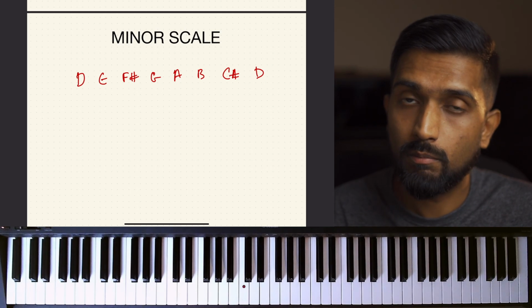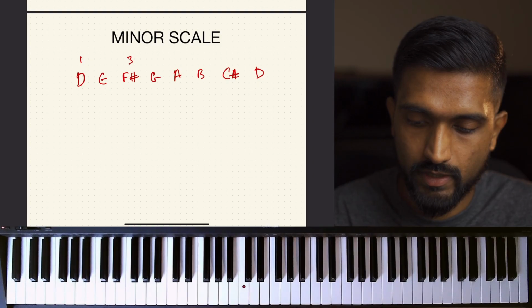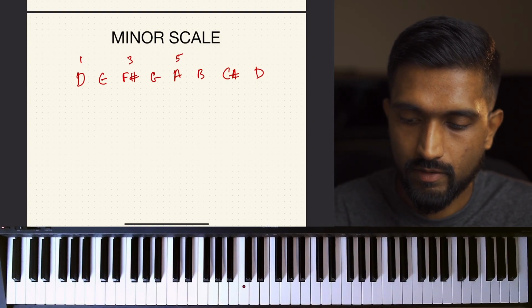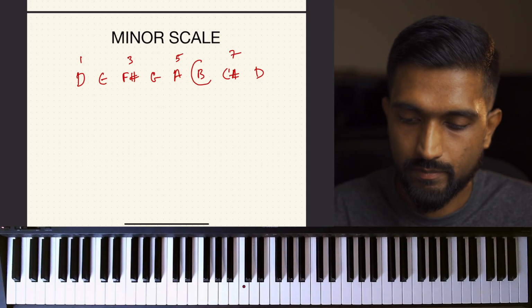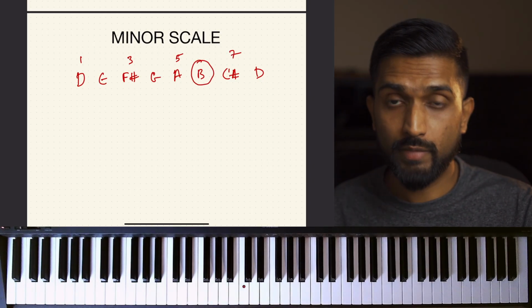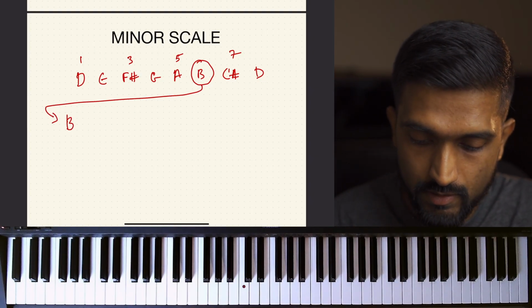So now what would be the minor of this? How would you derive a minor? Take the 6th note, 1, 3, 5, and 7. So this is the 6th note, which is a B. So what you get is a B minor scale.